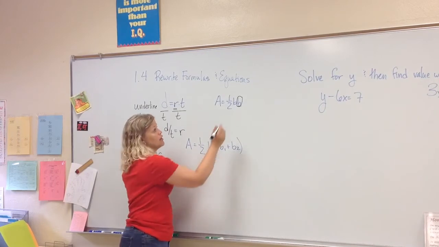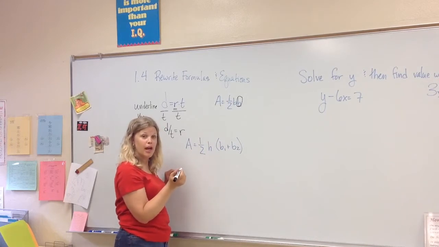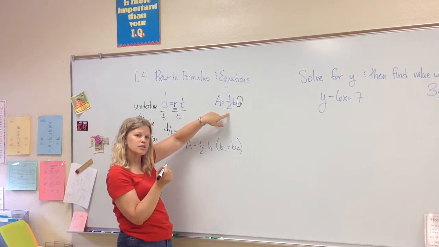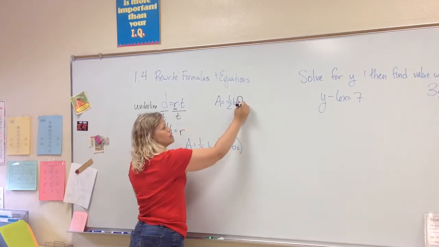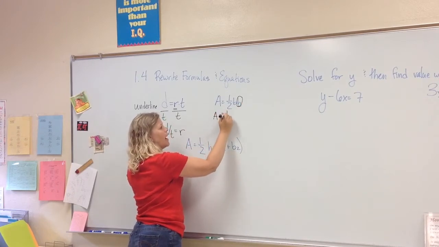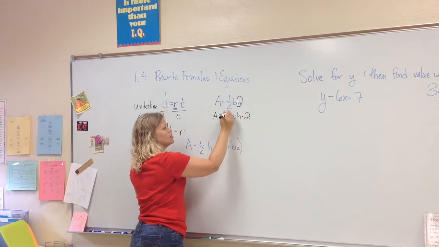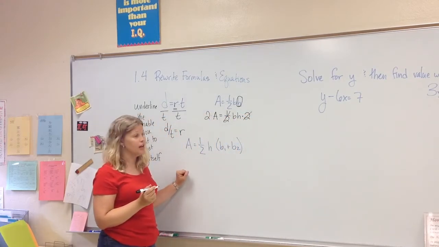Well, we're multiplying here, and some of you will say, well, let's divide by 1/2. But that's a fraction, right? Is there a trick you can do with fractions? I knew you all would know that. You're going to multiply each side by 2, or in other words, the reciprocal. So now this is gone. What you do to one side, you have to do to the other.